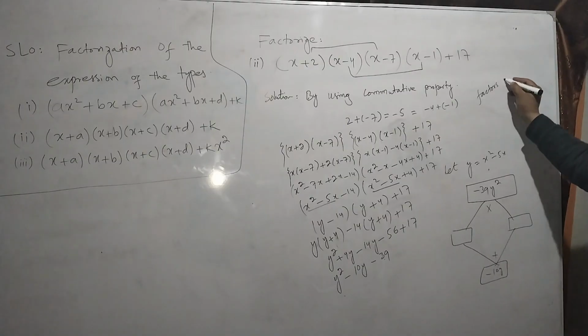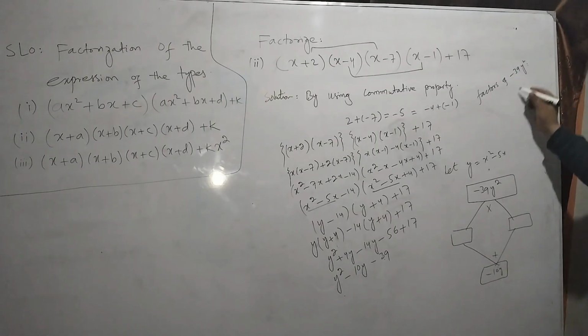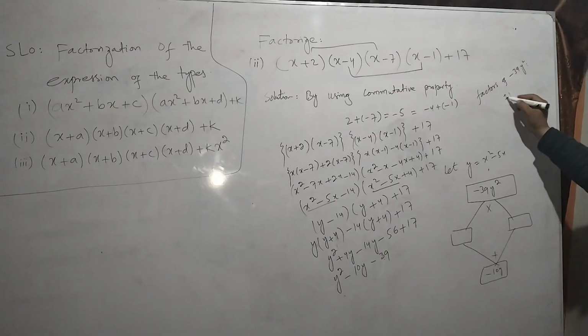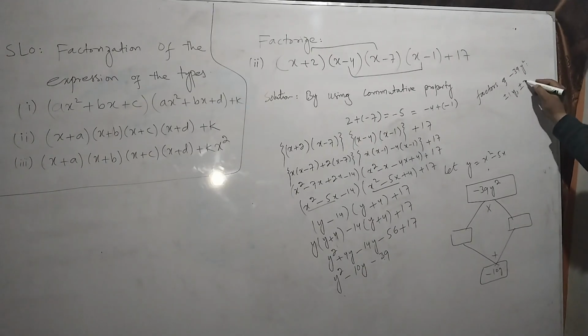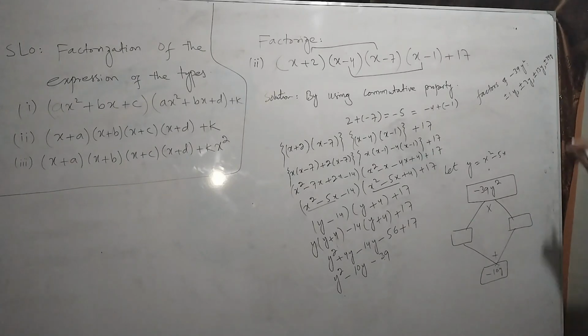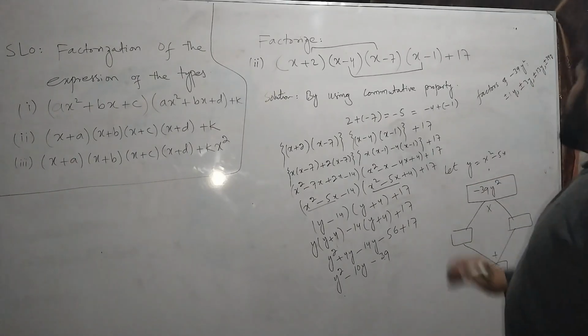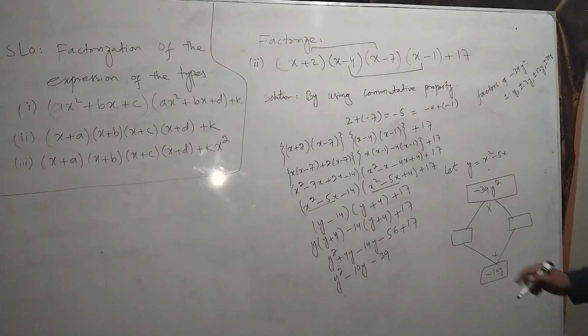Factors of y square. These are plus minus 1y, plus minus 3y, plus minus 13y and plus minus 39y. These are the factors. We just pick two factors from here whose multiplication should be equal to this one and whose addition should be equal to this one.